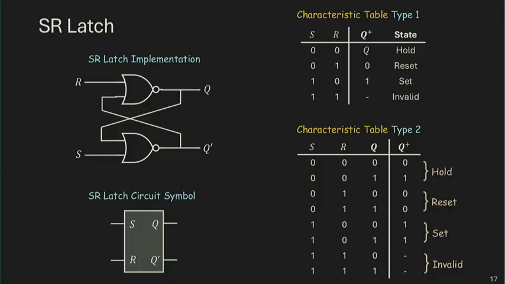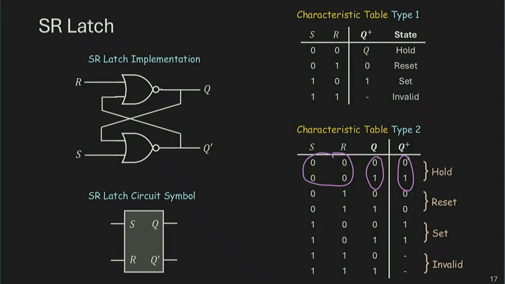That's a different way of representing the characteristic table of an SR latch. Again, we can look at these two rows as the hold condition, so the output is the same as the previous Q value. 0, 1 is reset. 1, 0 is set. 1, 1 never happens. So this describes the very same information as the more compact characteristic table. I would say in general, we use this one more often.